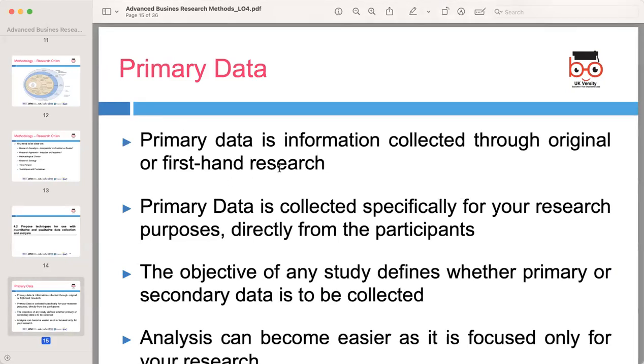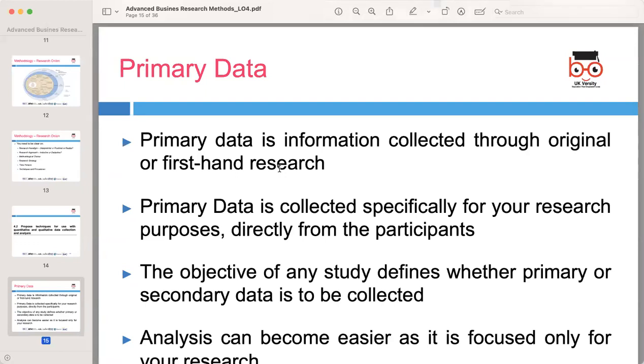Primary data is information collected through original or first-hand research. Primary data refers to information that is gathered directly from original or first-hand research. It is collected specifically for your own research paper purposes, directly from the participants themselves.